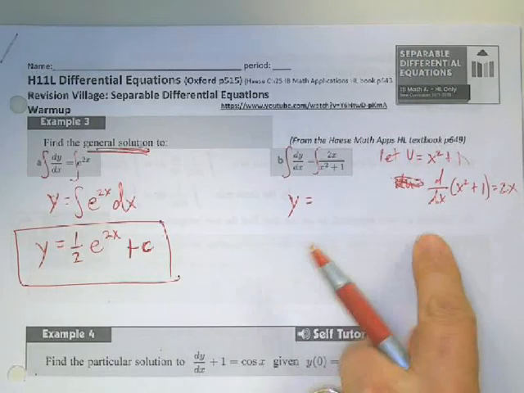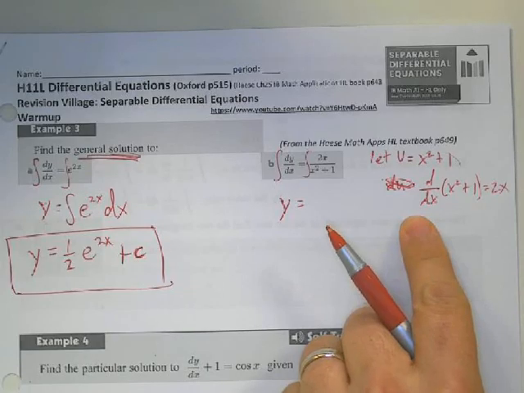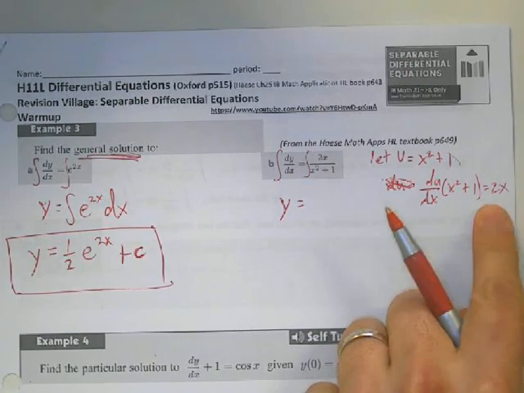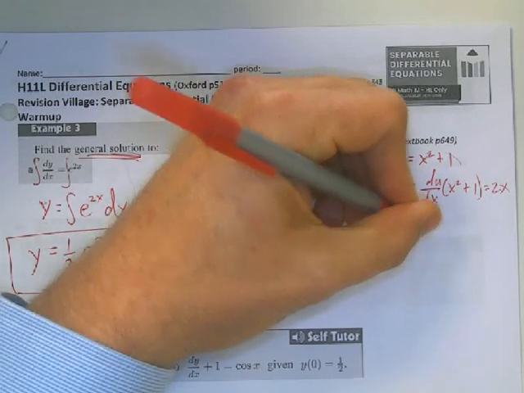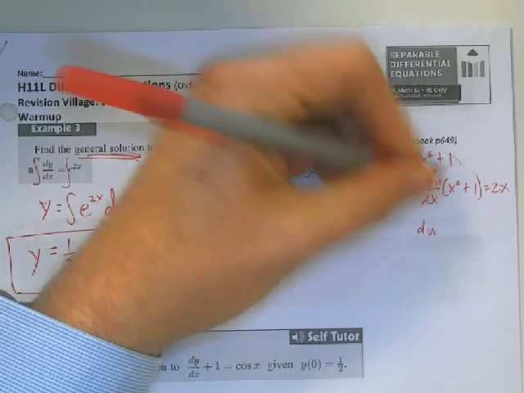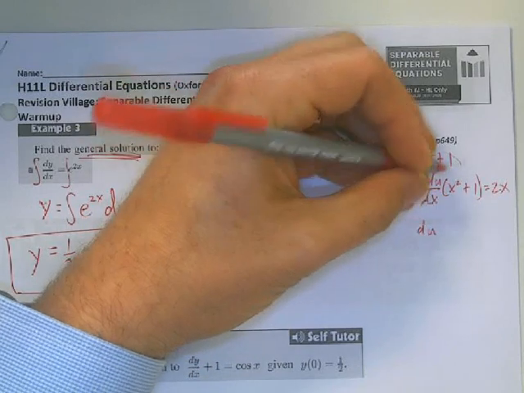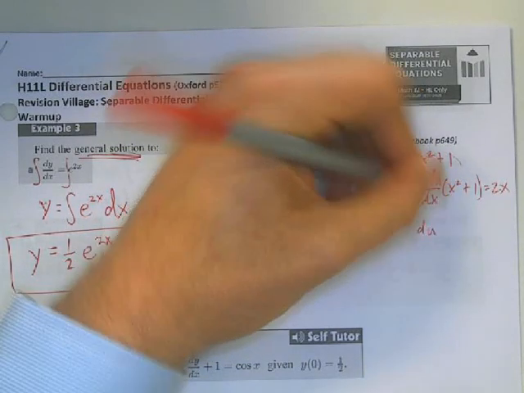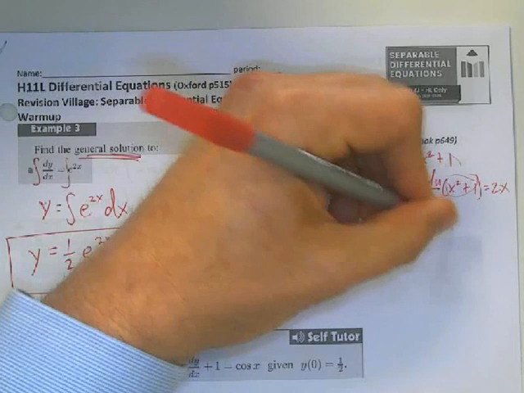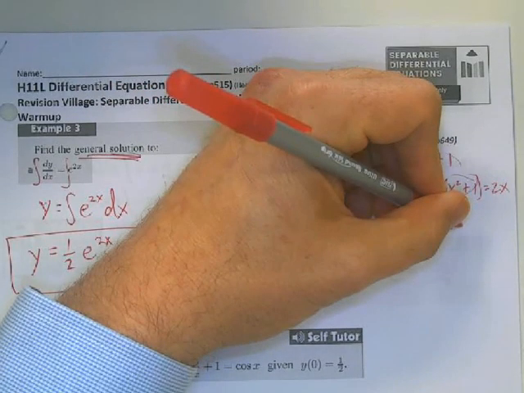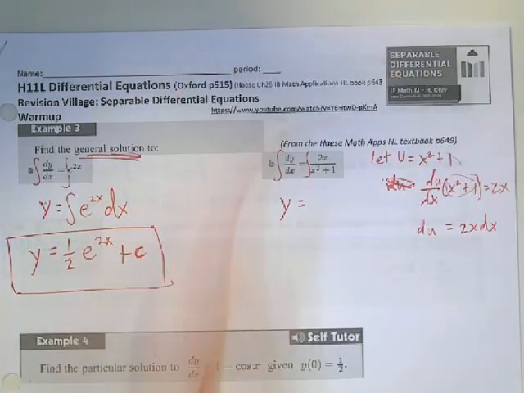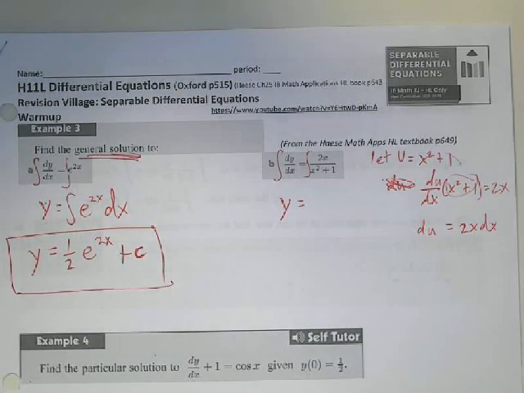So this is du/dx. And then I multiply dx on both sides, so then I have du equal to 2x dx.